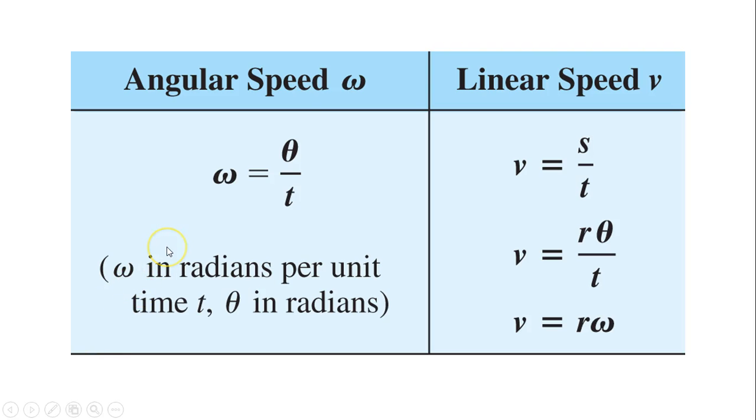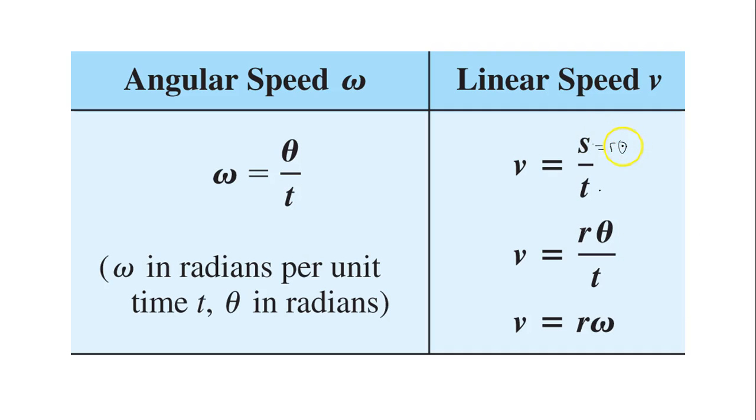So here's a list of our formulas. Angular speed, we only have one right here. Angular speed is equal to theta over time. And then we already showed you this one, that velocity or linear speed is equal to our arc length S, distance over time. And then we can replace S with its arc length formula, S equals R times theta.